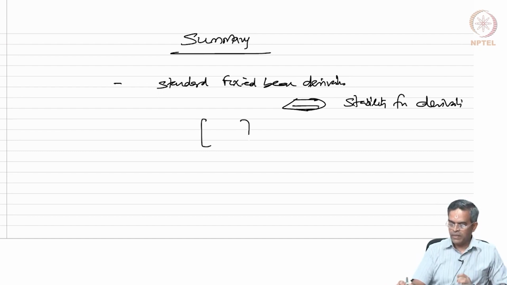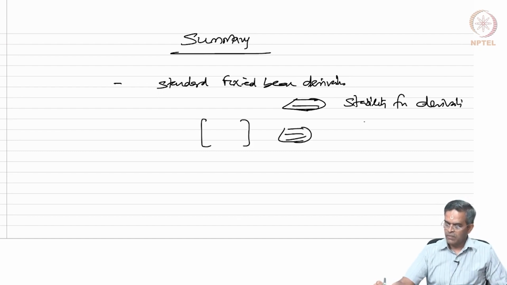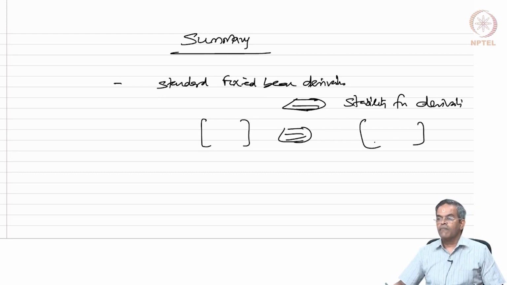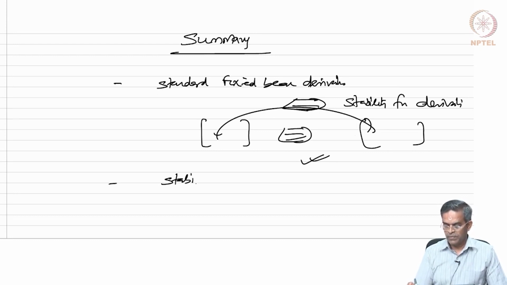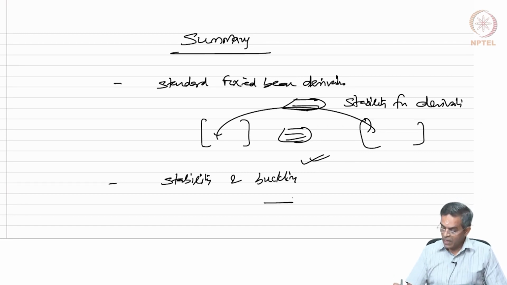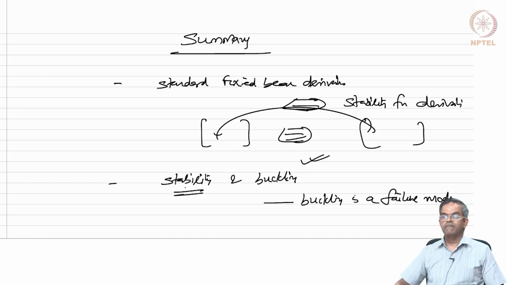We have remembered the matrix with respect to the stability function, and we realize that it is very easy and it is having a one-to-one mapping. We have also learnt the difference between stability and buckling, and we realize that buckling is a failure mode, actually a consequence of instability.